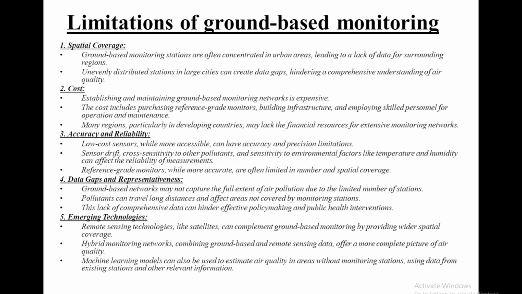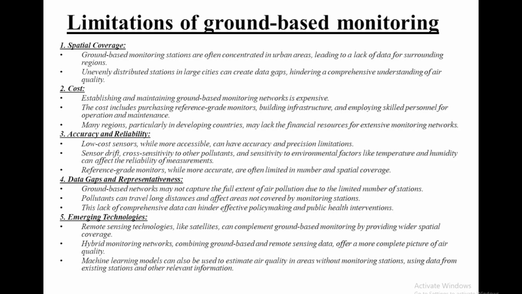And in these cases, satellite data becomes essential for regional or global monitoring. Now, for these reasons, an integrated monitoring framework combining both satellite as well as ground data is now considered best practice for robust air quality assessment.